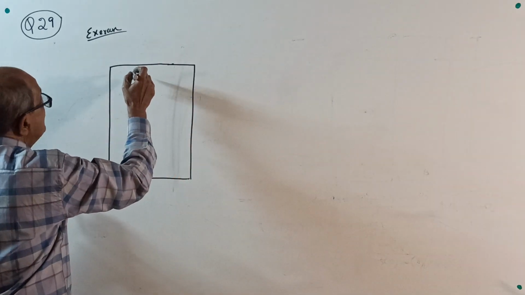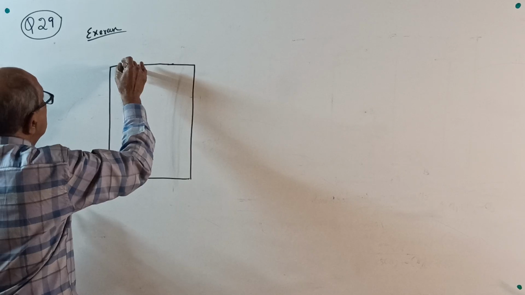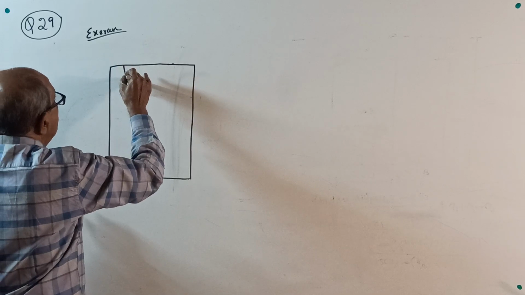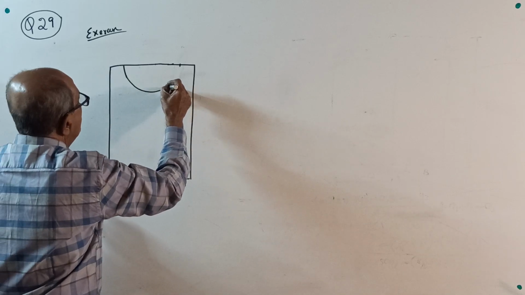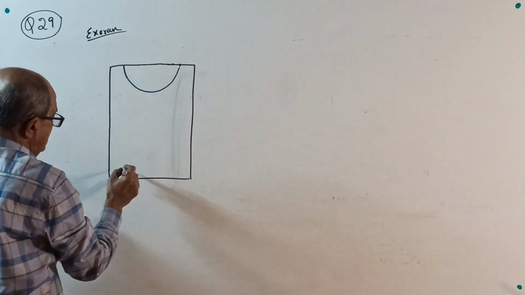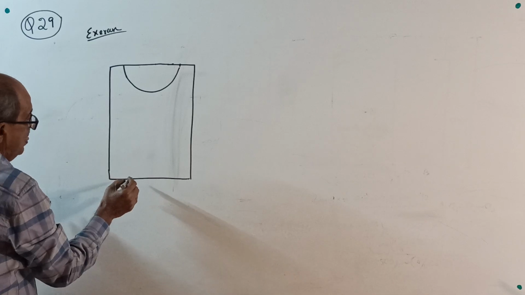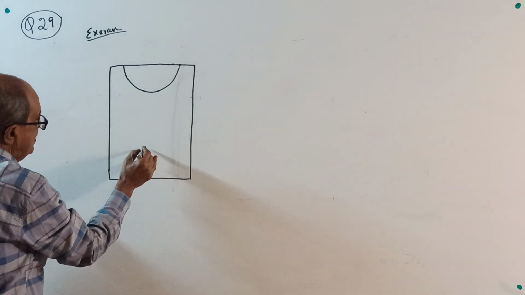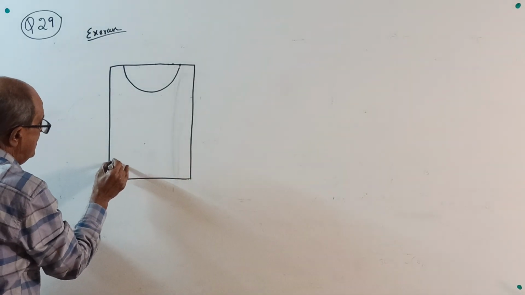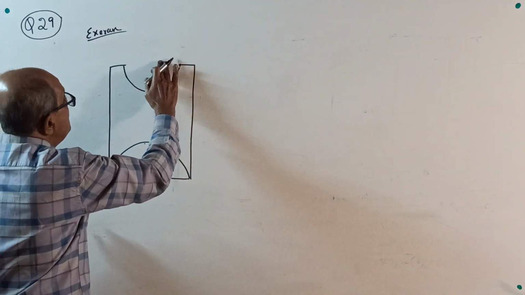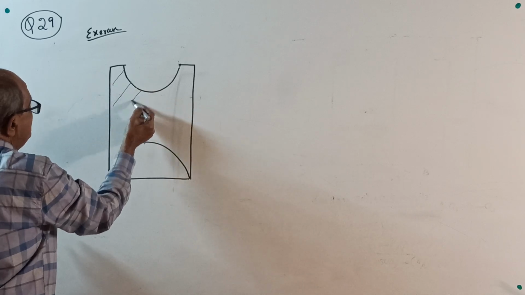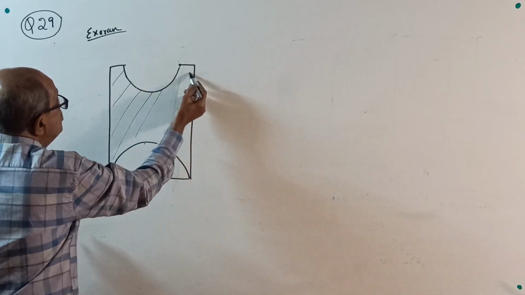What I'll do here is, I'll give something like this. This way I'll cut out. Here I'll cut out a little more. This way. This is the given lamina. You should work it out.